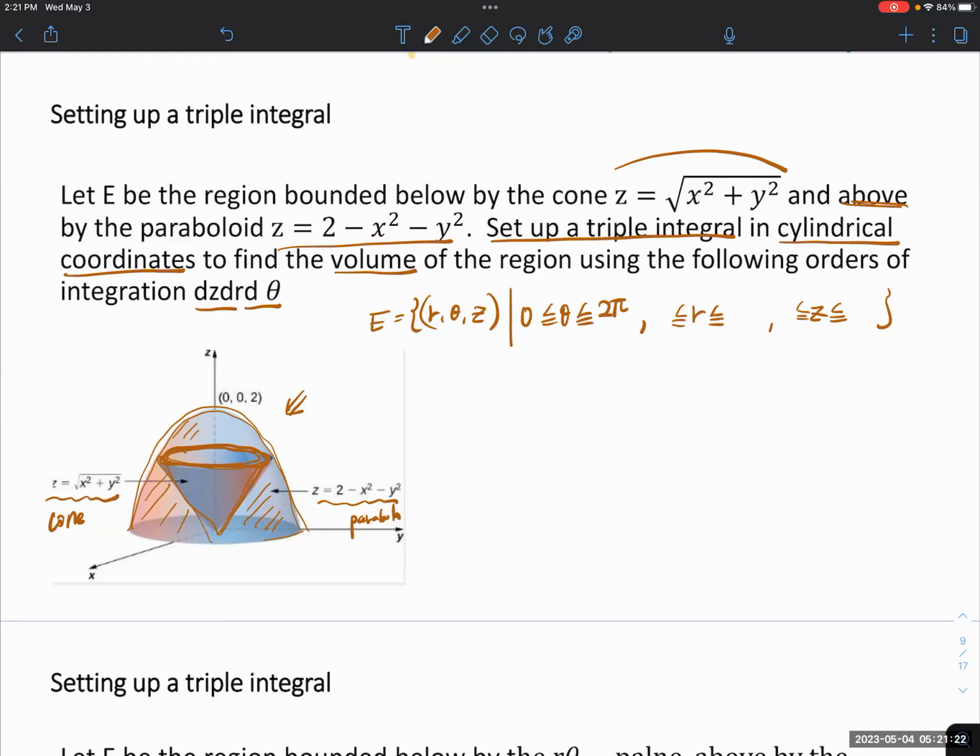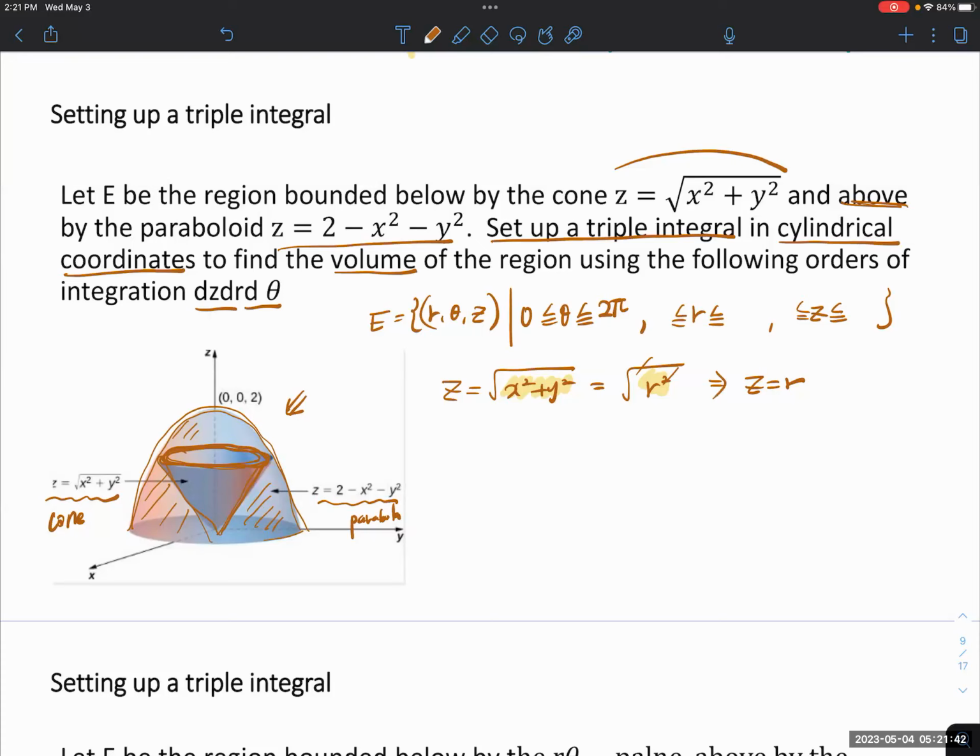So we have two equations. z equals the square root of x squared plus y squared, which is the same as the square root of r squared, because x squared plus y squared is the same as r squared. So that means z equals r. Something we found out.